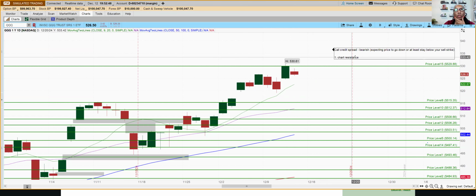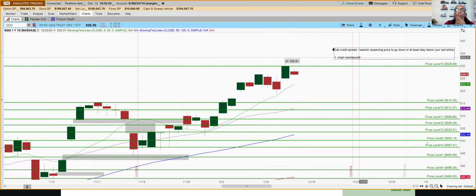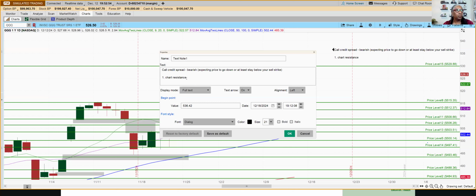What do y'all think we should put our strike? Select the strike above 530.61.